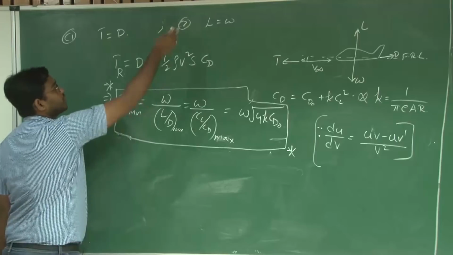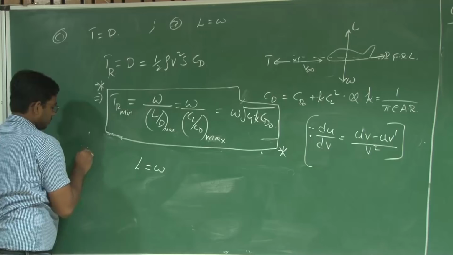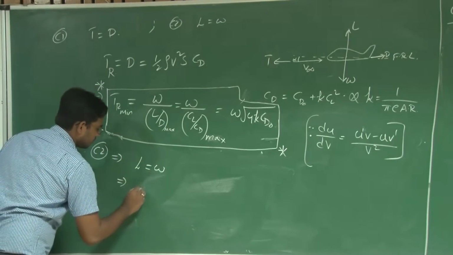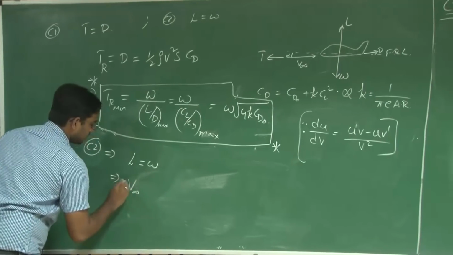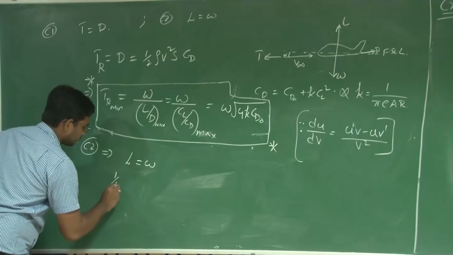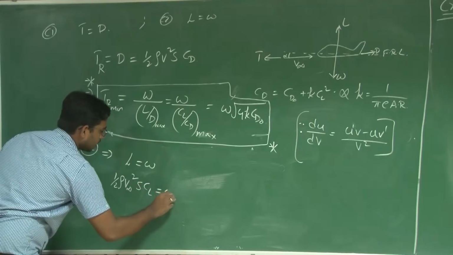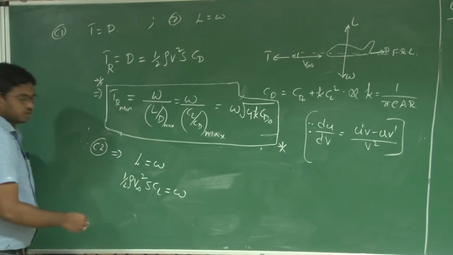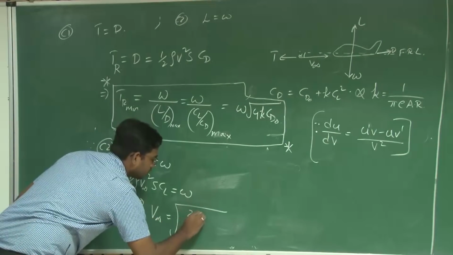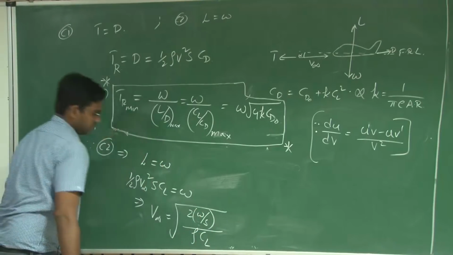So we have C2. From C2 we have L equals W, so half rho V infinity square S CL equals W, and V infinity equals root over twice the wing loading divided by rho into CL.